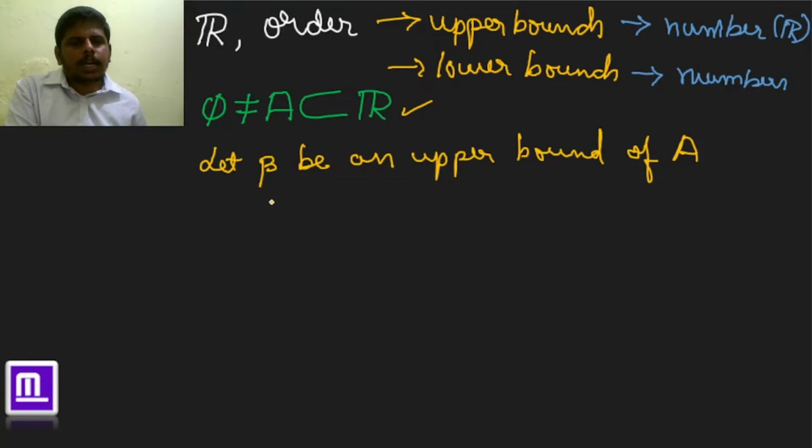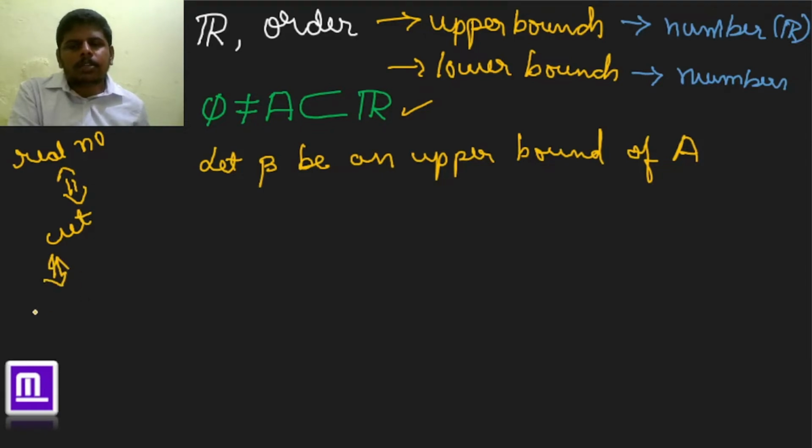What is beta? This is a real number, right? So there must be a cut also, because we are looking at every real number as a cut. What are cuts?